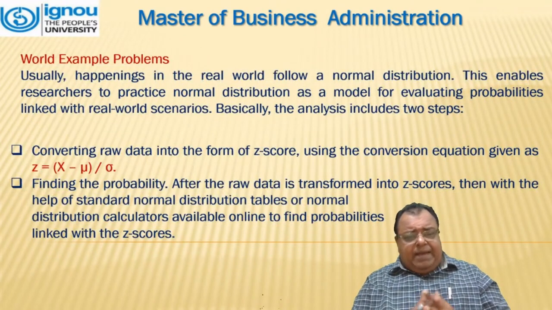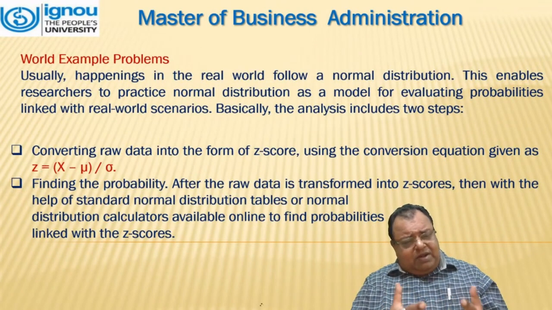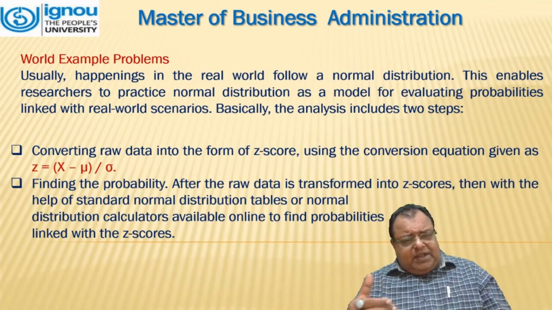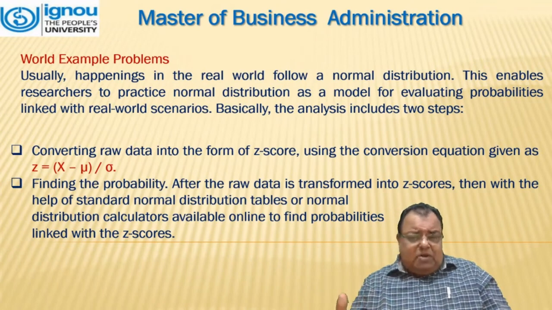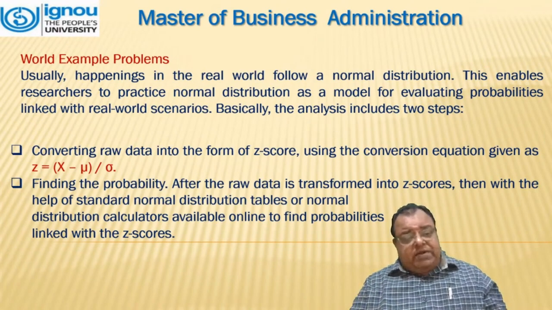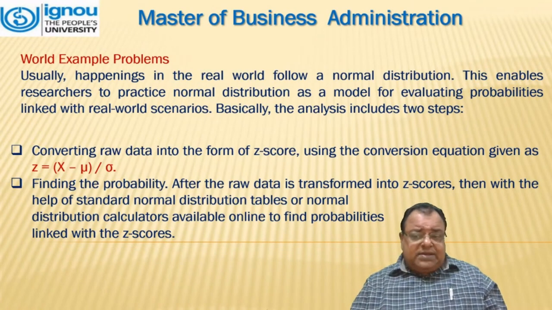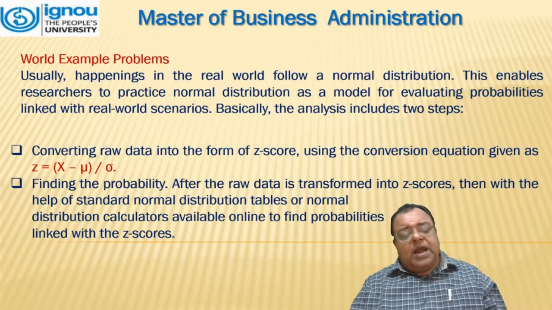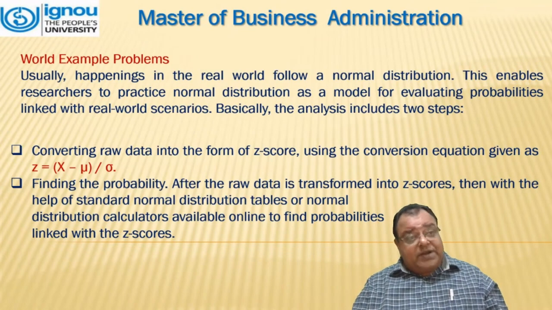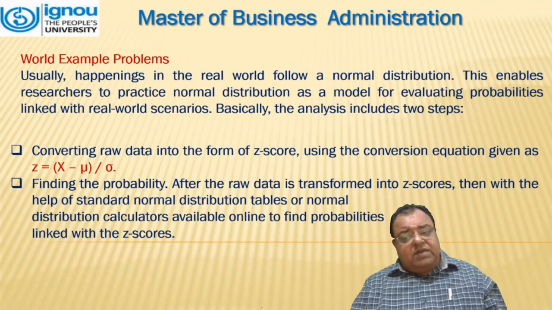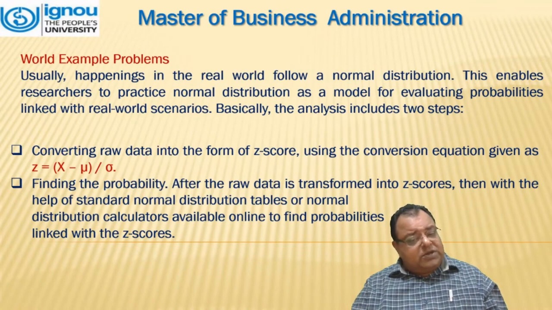Many things happening in the real world follow a normal distribution. This enables researchers to use the normal distribution as a model for evaluating probabilities linked with real world scenarios. Basically, the analysis includes two steps: first, converting raw data into a z-score using the conversion equation, which we know is z equal to x minus mu upon sigma.